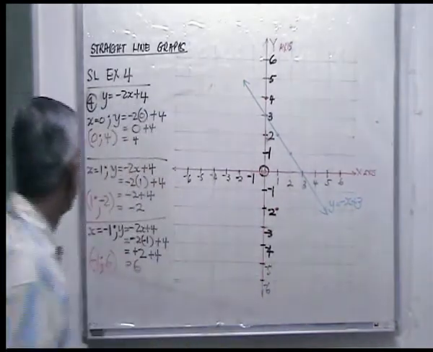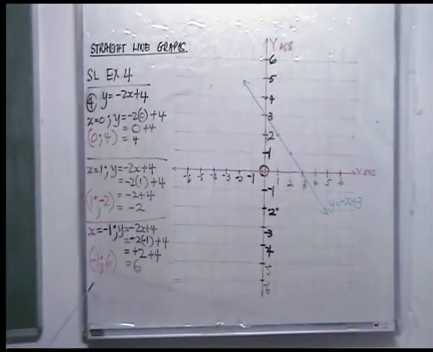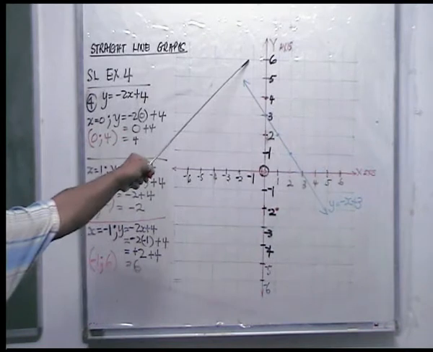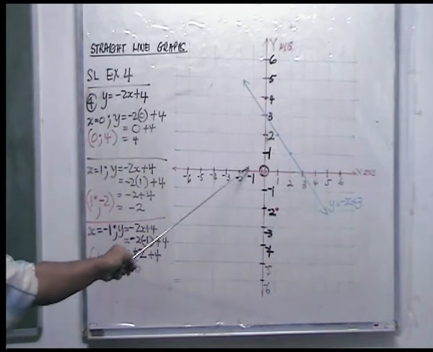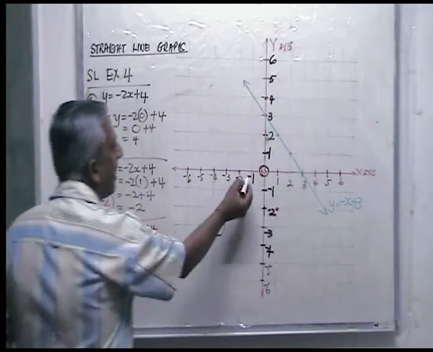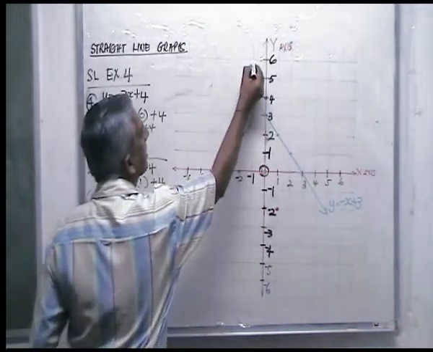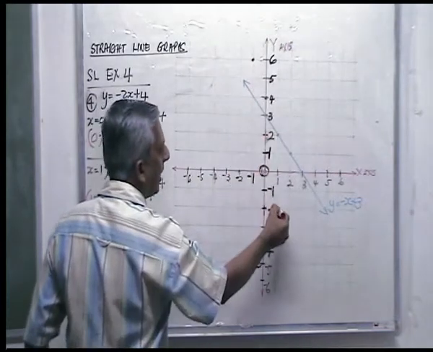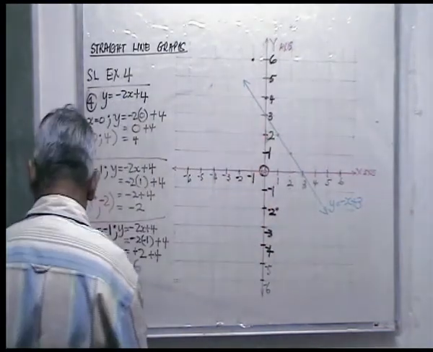And your third ordered pair is minus 1, 6. There's minus 1, and there's 6 right on top. So there's your dots, 1, 2, and there's another one here.